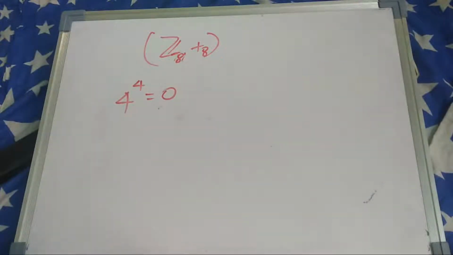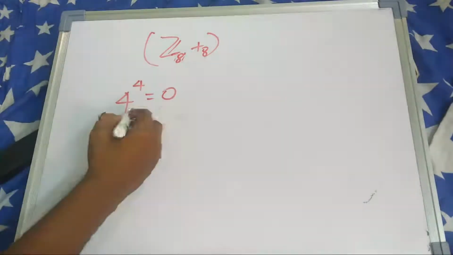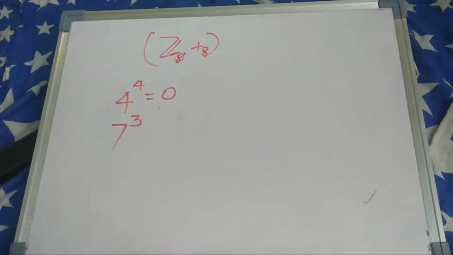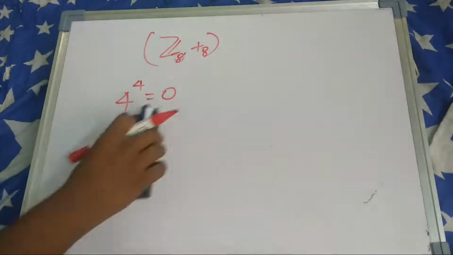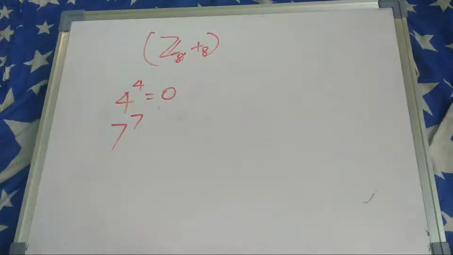Param, it is correct. So say for example now 7 power 3, not 7 power 3, maybe I will give some other number, 7 power 7. So what will be 7 power 7 in Z8?